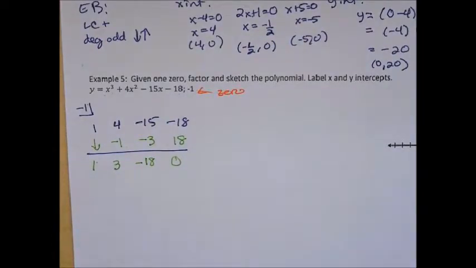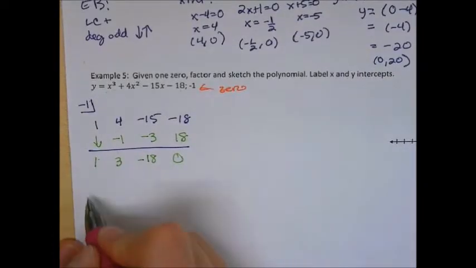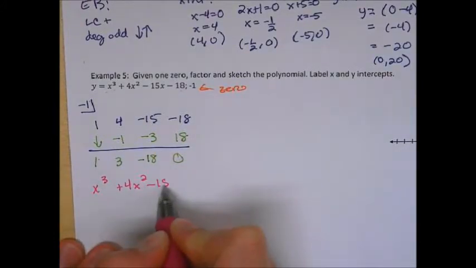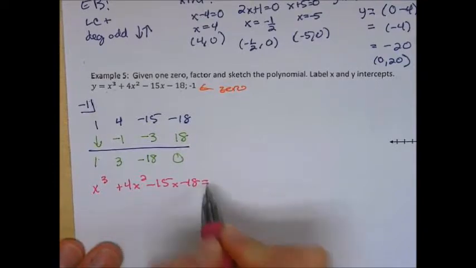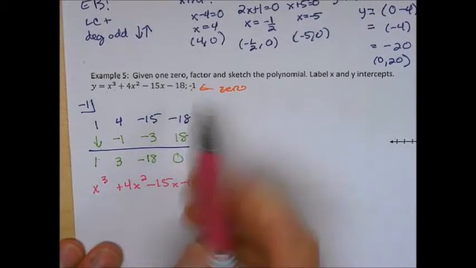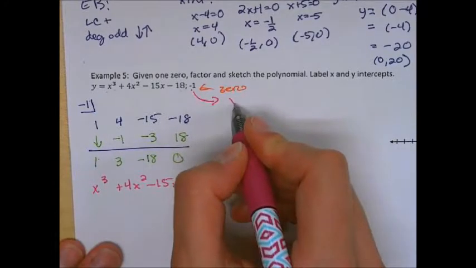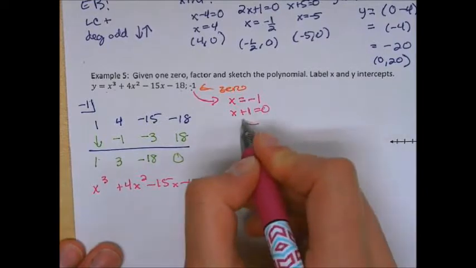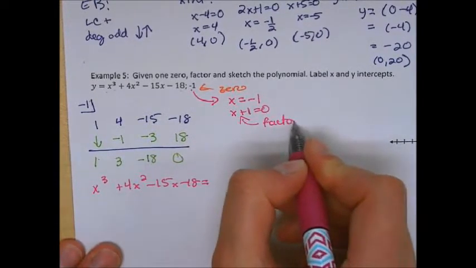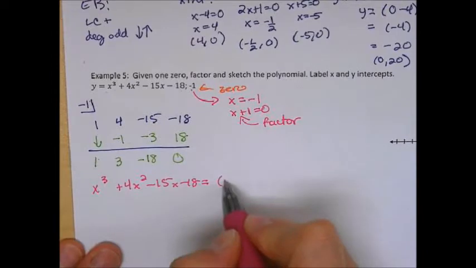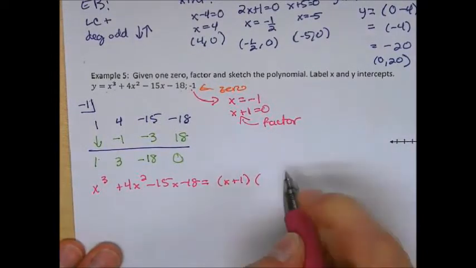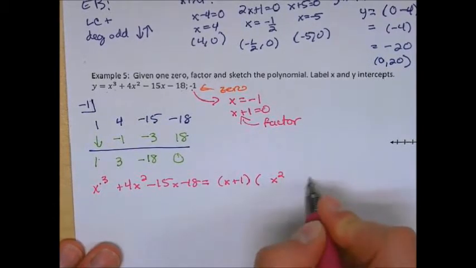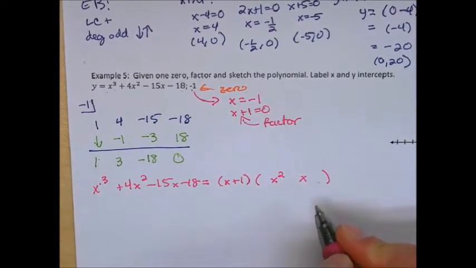So, x to the third plus 4x squared minus 15x minus 18 equals, now since this is a 0, we can write it as a factor, and so x plus 1 is the factor. So I have x plus 1 times, power is 3, so my first power is going to be 2, then 1, then the constant.